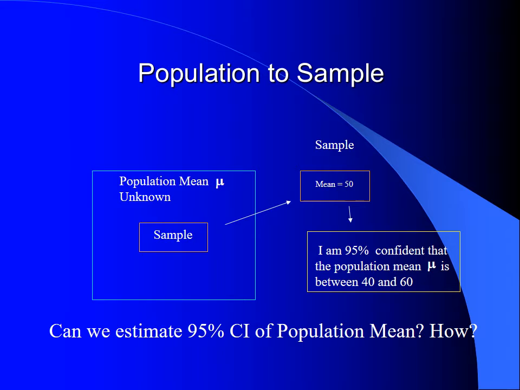So can we estimate these 95% confidence limits for the population mean? If we consider the mean equal to 50 as a point estimate of the population, what is the range it is likely to be?